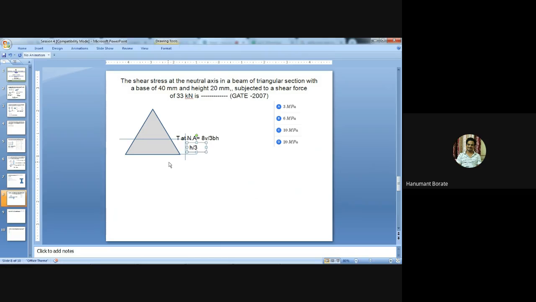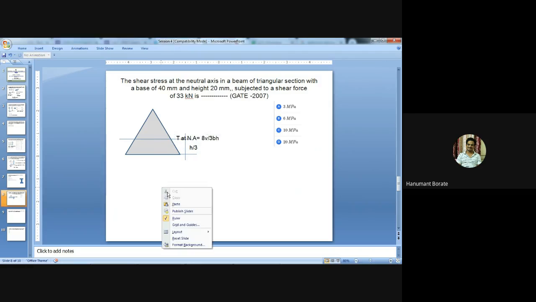The neutral axis for a triangular section is always at h/3 distance from the base or 2h/3 from the apex. Tau at the neutral axis is always equal to 8V divided by 3BH. V means shear force, 33 kilonewton, B is the base 40 mm and height is 20 mm. If we put the values in this formula, we'll get the answer.